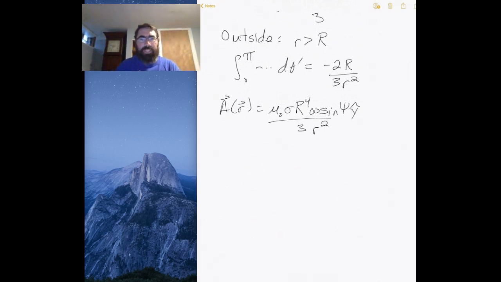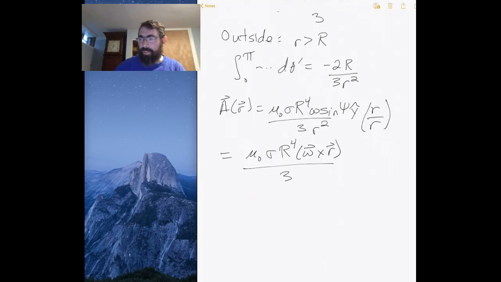Which I now can, if I want to write it as a cross product, I have to put an r in both the numerator and the denominator. So then that would give me mu 0 sigma capital R to the 4th omega crossed into r over 3r cubed.